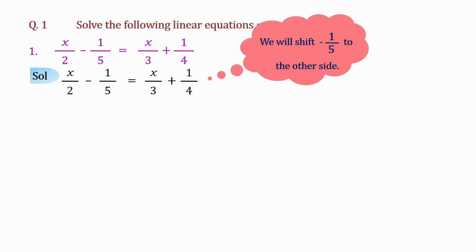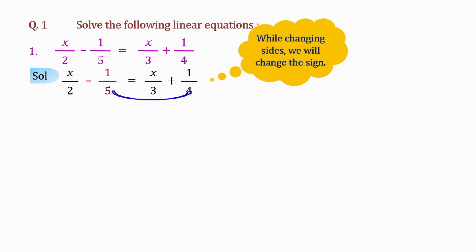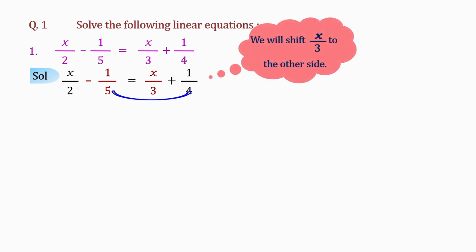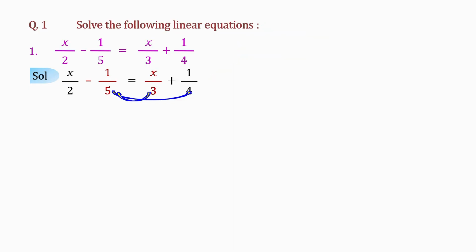And in this case we are going to shift minus 1 by 5 to the other side and it will change the sign. Now we'll also shift x by 3 to the other side and it will change the sign.